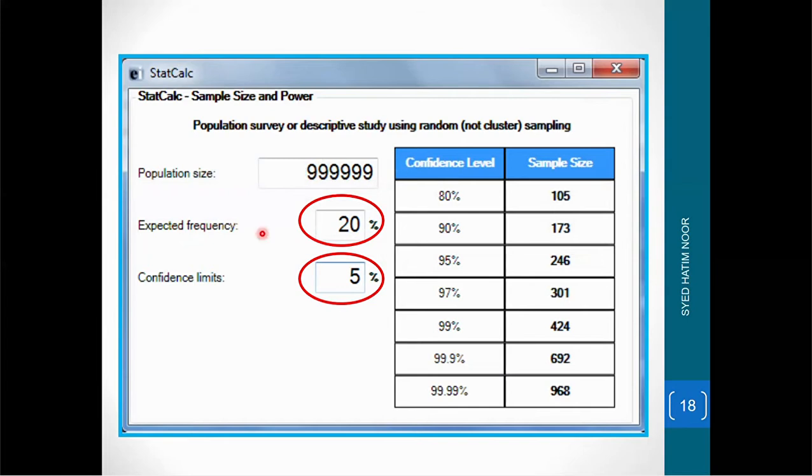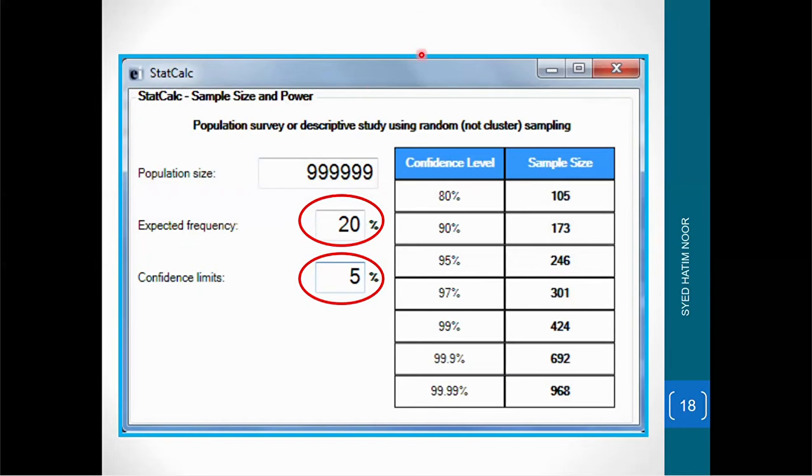Expected frequency is your proportion from the previous literature just now. We put that as 20%, right? Here they want the percent, so 20%. Confidence limit is 5%. If you see the sample size, look at the 95% CI. That means 246.